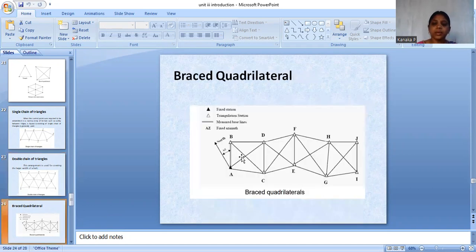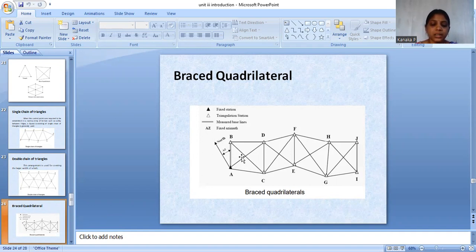Next one is braced quadrilaterals. These are quadrilaterals formed with the four corner stations and the observed diagonals. This forms the best figure of the triangulation system, and this system is more suitable for hilly terrain.